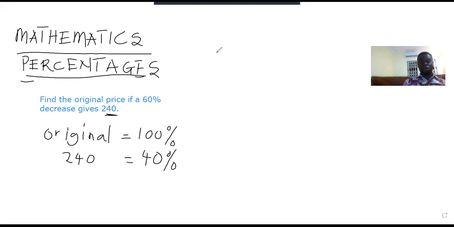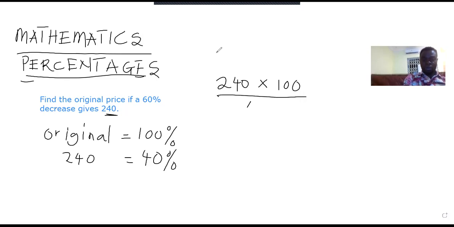100% will give us more. So if more, less divides. So that'll be 240 times 100 divided by 40.